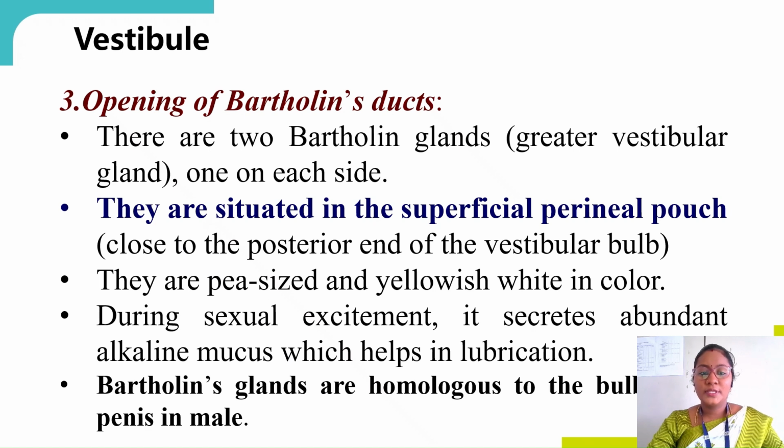They are situated in the superficial perineal pouch, close to the posterior end of the vestibular bulb. They are pea-sized and yellowish white in color. During sexual excitement, they secrete abundant alkaline mucus which helps in lubrication. The Bartholin glands are homologous to the bulb of the penis in the male.